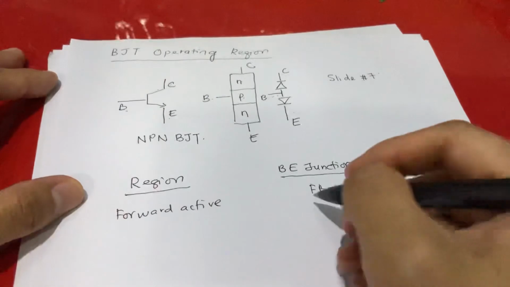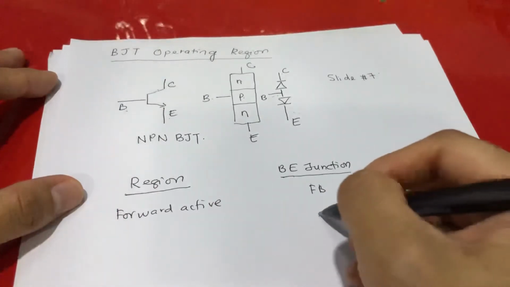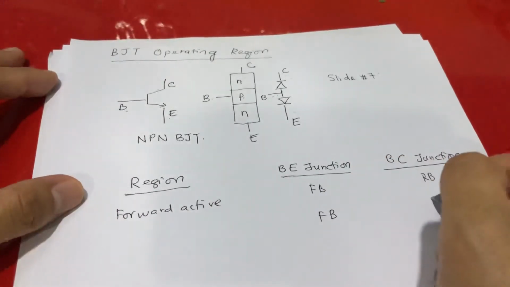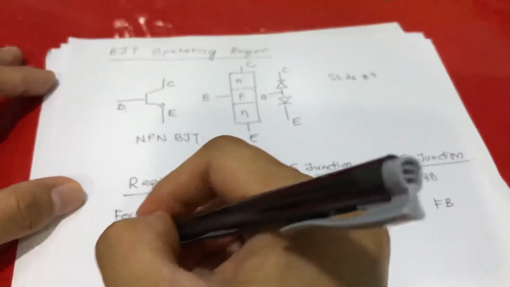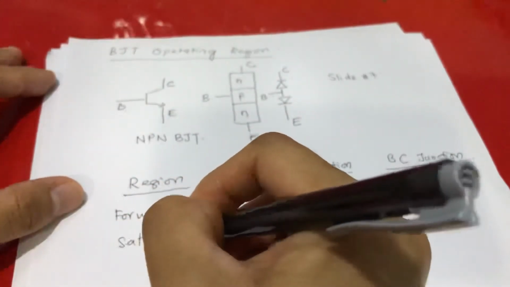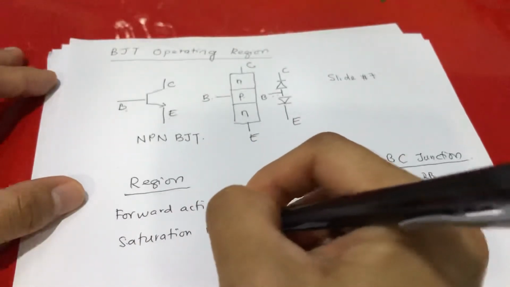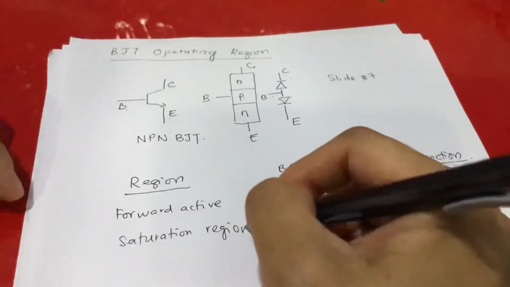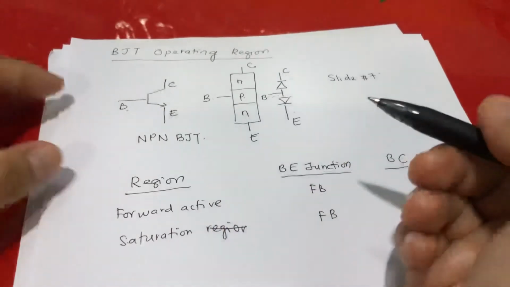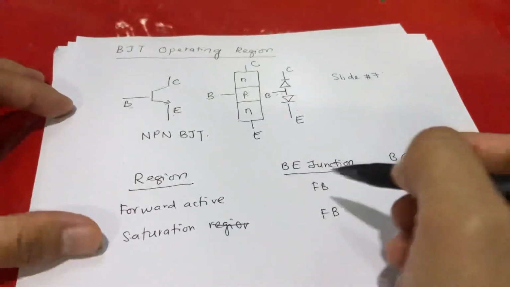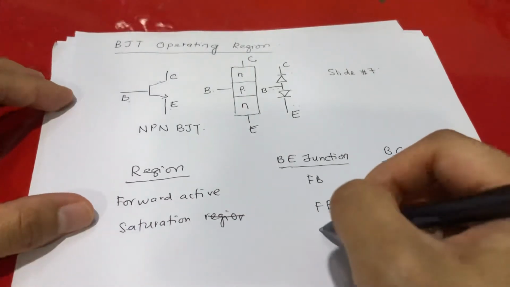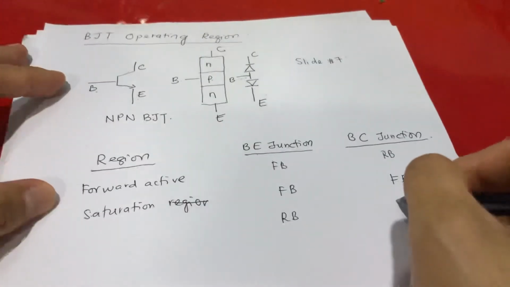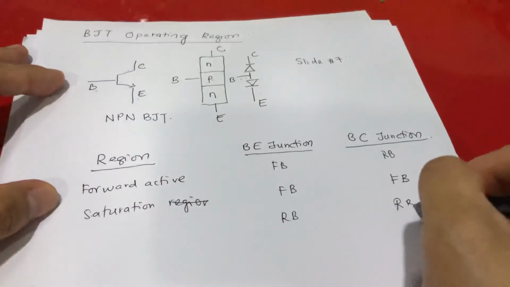And then what happens if the base-emitter junction is forward bias and the base-collector junction is also forward bias? We say this is the saturation region. What if the base-emitter junction is reverse bias and the base-collector junction is reverse bias?